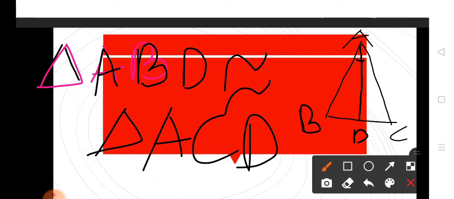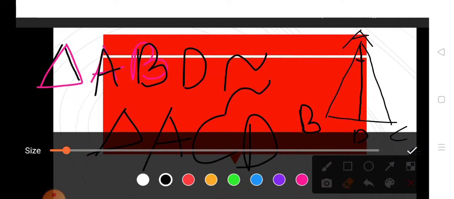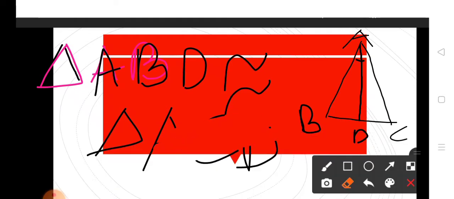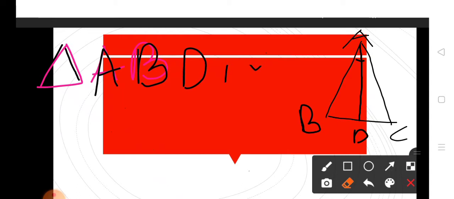ABD and ACD are similar because the angles are the same. They are both 30 degree. The sides are the same because it's an equilateral triangle. Now we also know that since these two are similar, you see here, I'm rubbing out this. Give me a second.